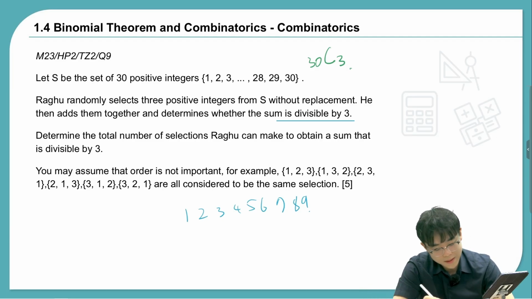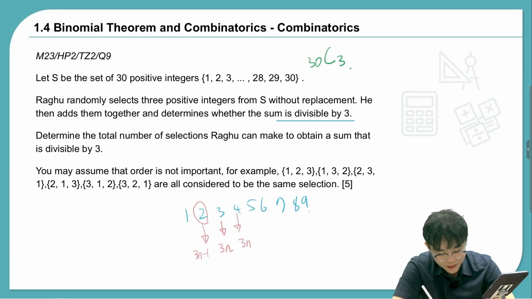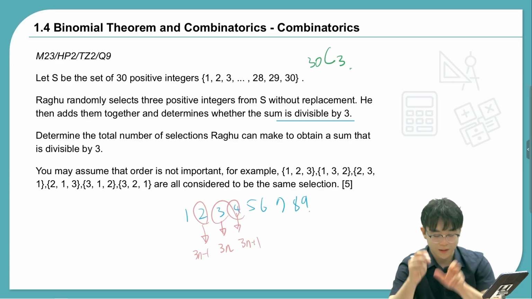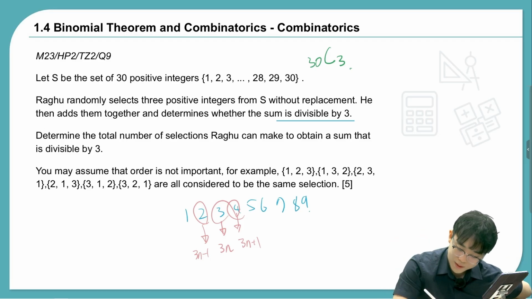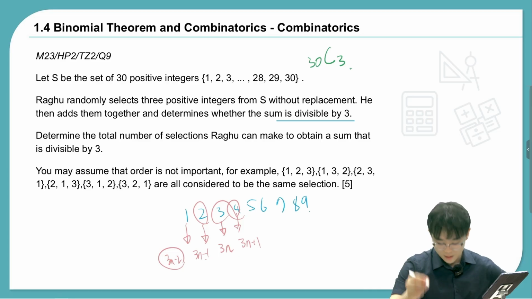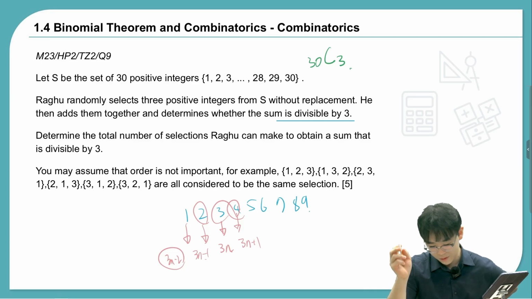Because if we have a number divisible by 3, like 3n, then the next would be 3n minus 1, and this one would be 3n plus 1. Or we could think of it as 3n, 3n minus 1, and 3n minus 2. So pick any 3 consecutive numbers, and I think you're good.